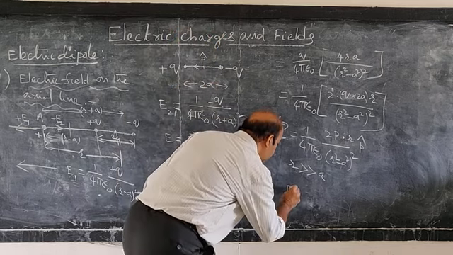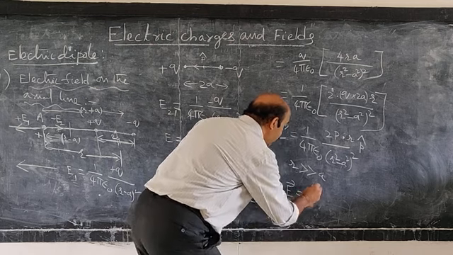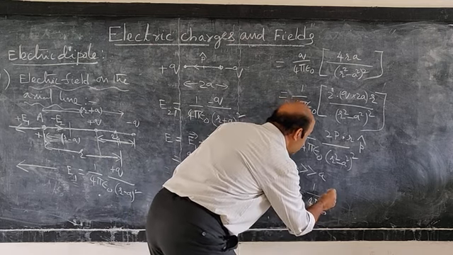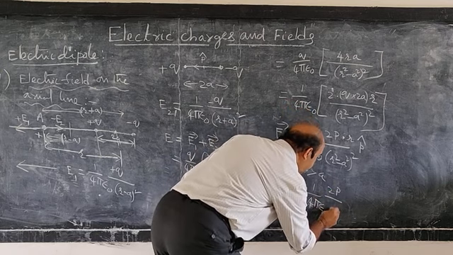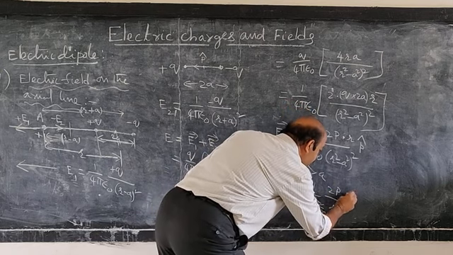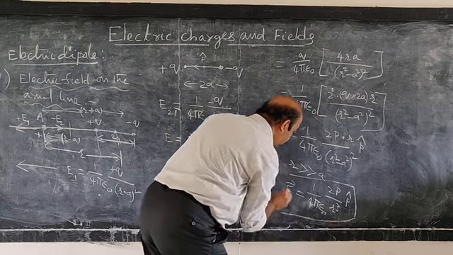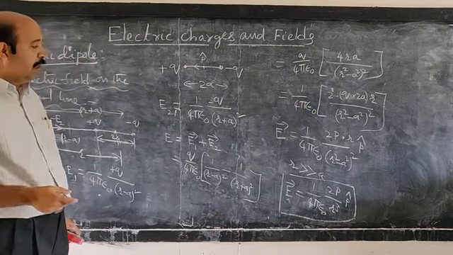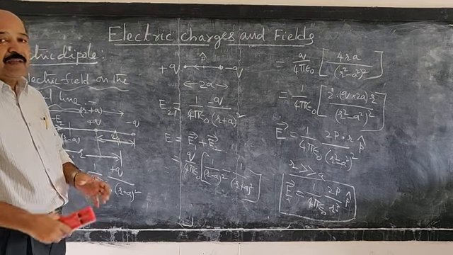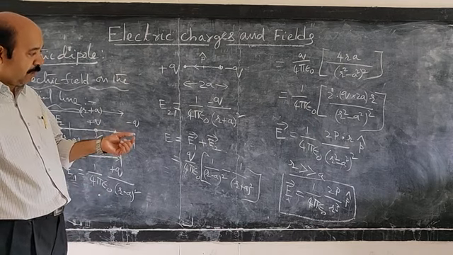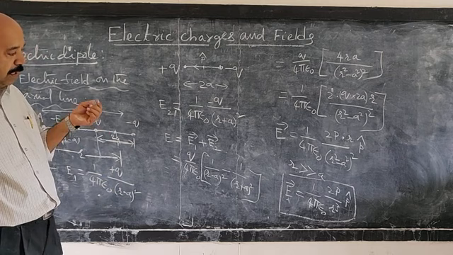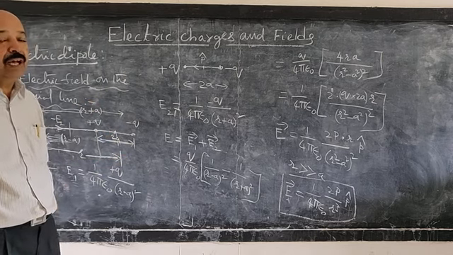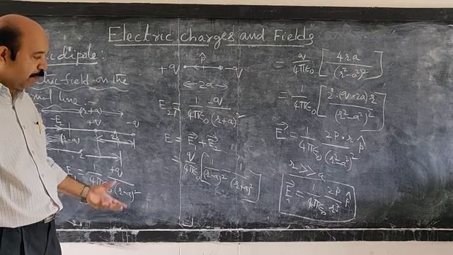Therefore, E bar will be 1 by 4 pi epsilon naught 2P by R cube. So this will be the formula in the case of a point on the axial line which is far away from the center, or the distance is far greater than the separation between the charges of the dipole.